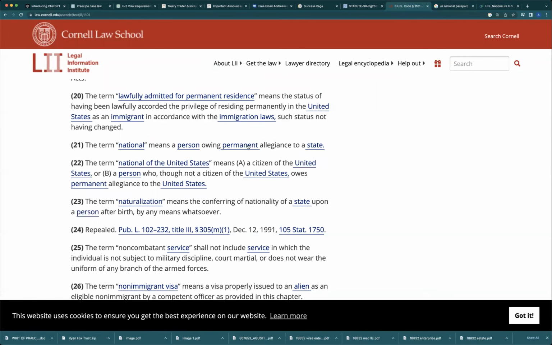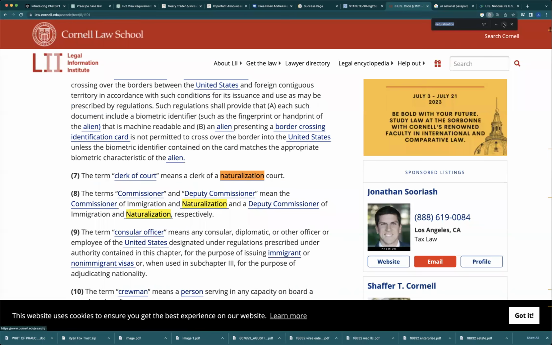Okay? So if we go up to the very top here, I mentioned the recorder clerk. Number 7 says the term clerk of court means a clerk of a naturalization court.